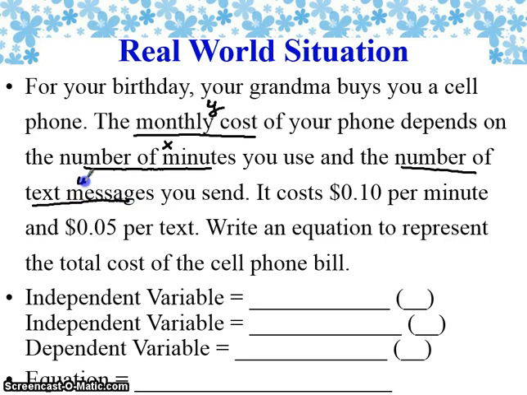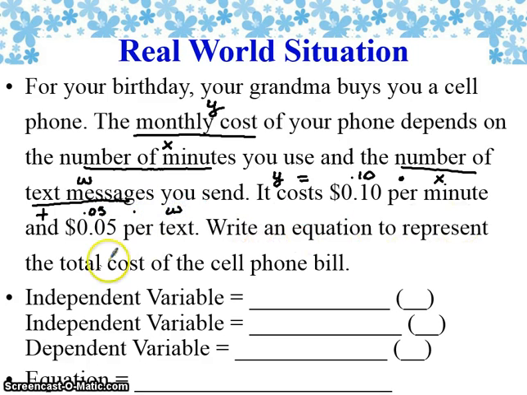So you can see that there are two independent variables affecting the monthly cost. Now it goes on to say it costs, or the monthly cost is 10 cents per minute, which we call it X, and or plus 5 cents per text.